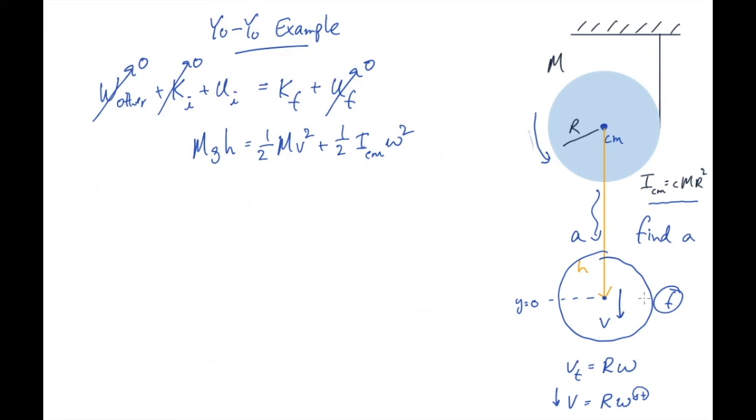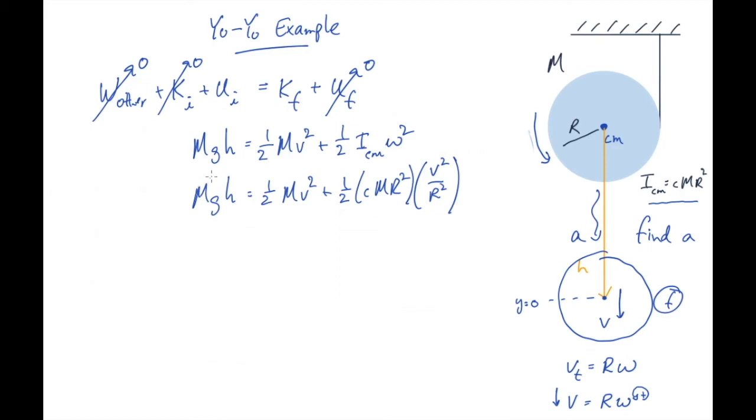All right, so what we're going to do here is solve this expression for the velocity v at the bottom and then use kinematics to find its acceleration. The next step is to replace the moment of inertia with the expression that we have and to get rid of omega in favor of v using the no-slip condition. Looks like this. Here's the moment of inertia about the center of mass, and omega is v over r.